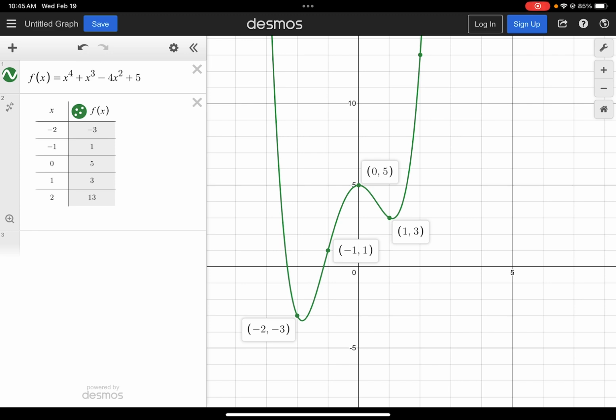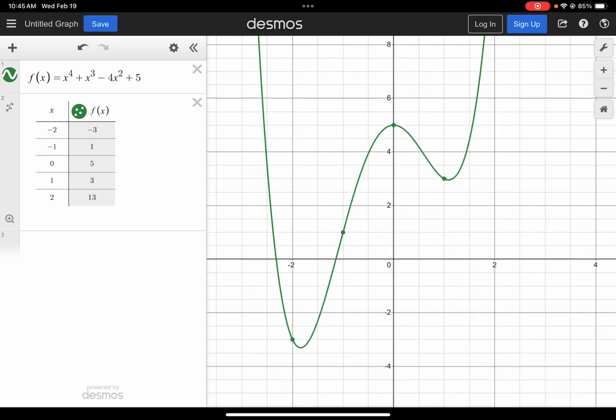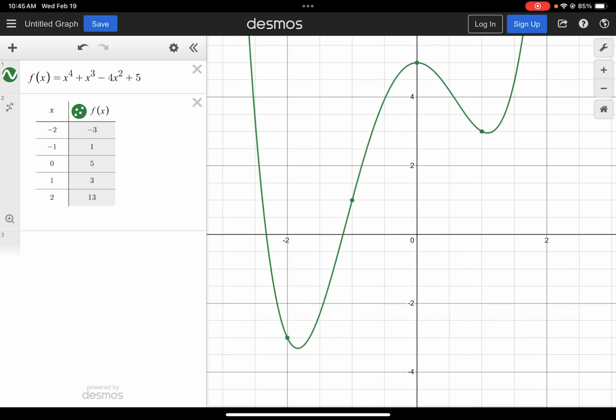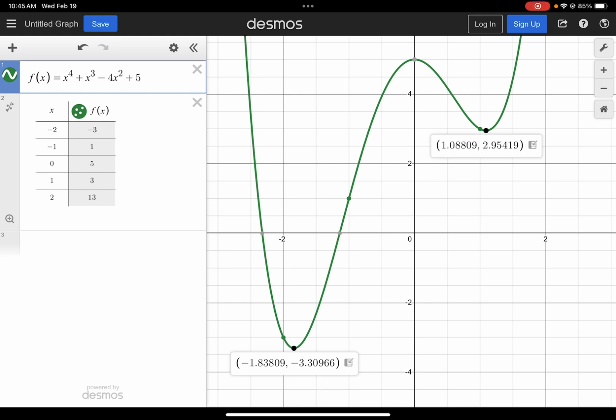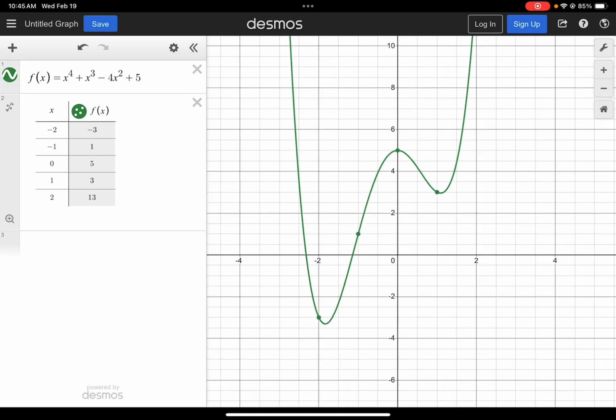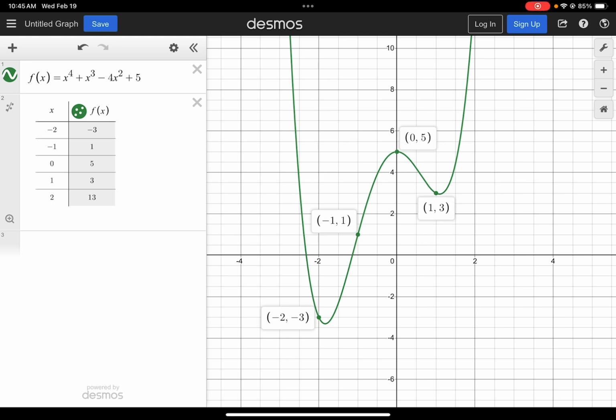One thing I want you to see here is these points that are highlighted are not really the most important points, but notice I had to zoom in a little more to see this lower point. And if you do the same for this other piece on the top right, you have to zoom in a little more to see the actual point there. So be real careful with that. But for now, I'll use these nice points that they gave me.